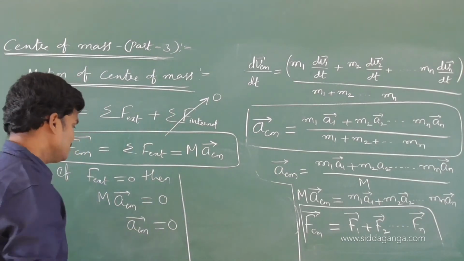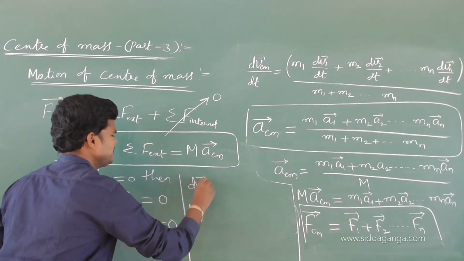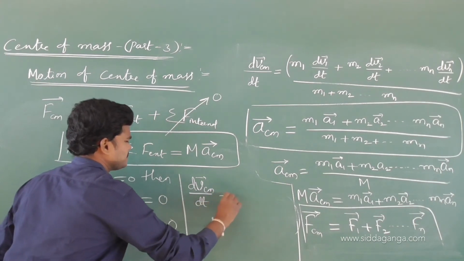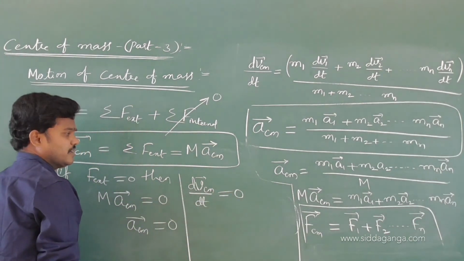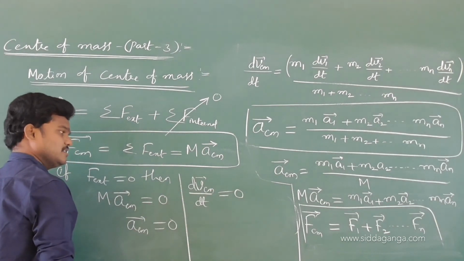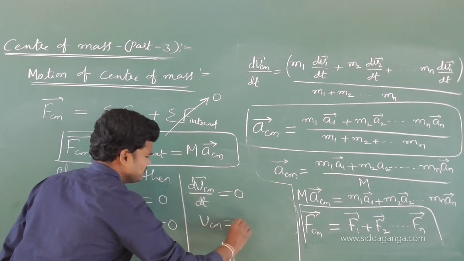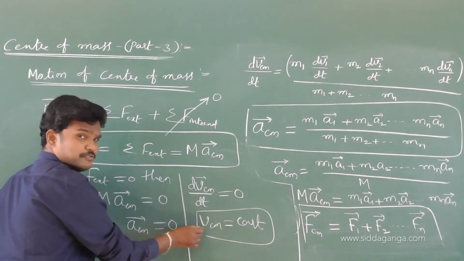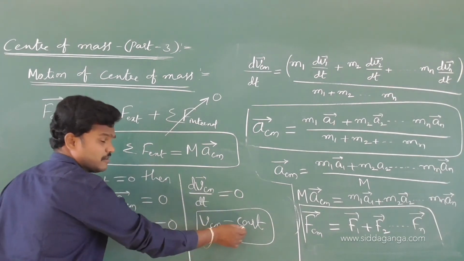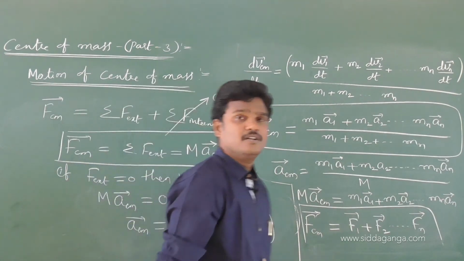Keep in mind. This can be written as d VCM bar by dt, which is equivalent to 0. Okay, d VCM bar by dt is equivalent to 0, and this is nothing but VCM is constant. So, if we apply the derivative, dVCM bar by dt, the derivative of a constant is 0. So, velocity of center of mass is constant.